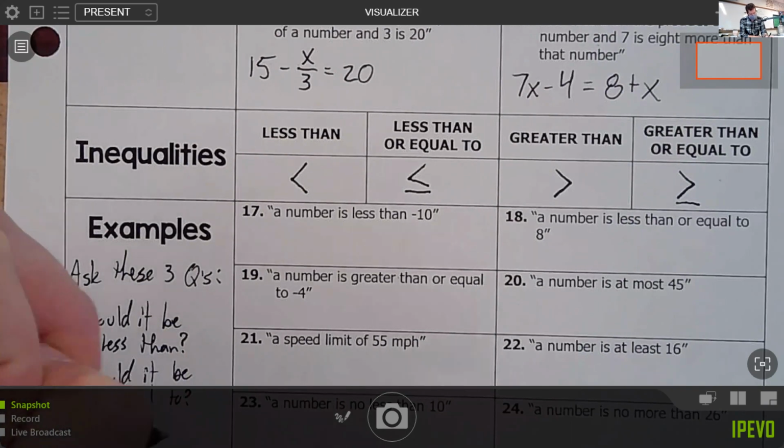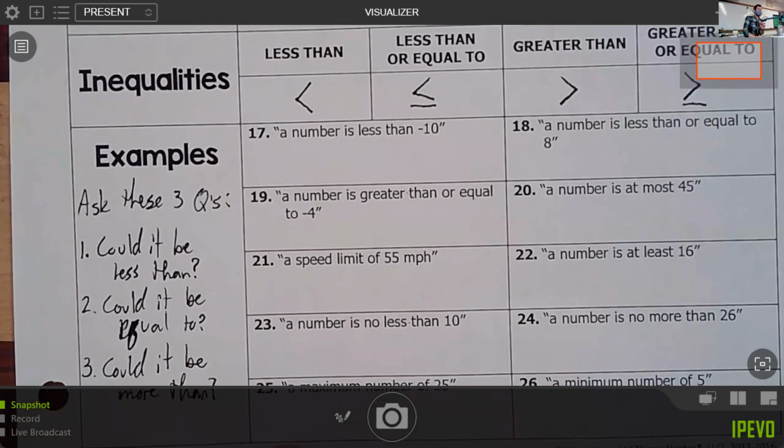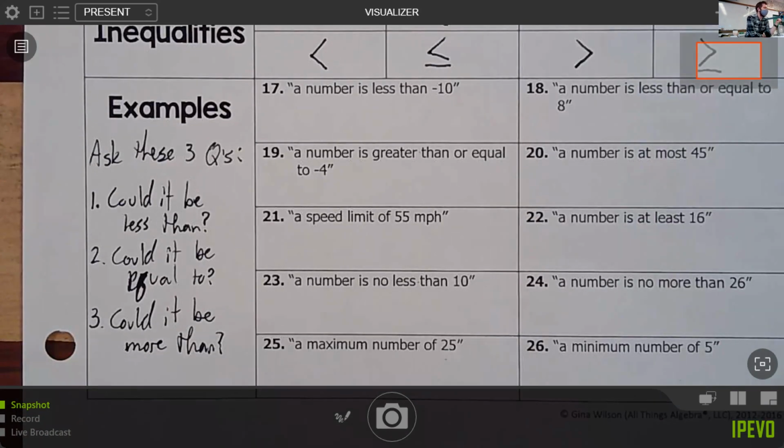Could it be more than? So I want you to ask yourself those 3 questions every single time you write one of these, because if you say it out loud or think it to yourself, could this number be the same as, could it be more than that, could it be less than that? When you get those questions answered, you'll know which of those 4 symbols to use.